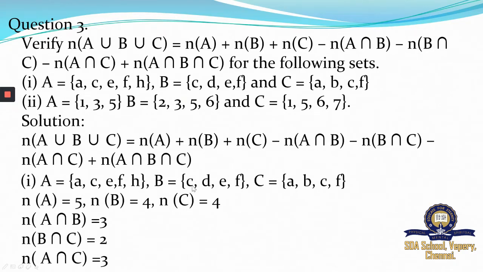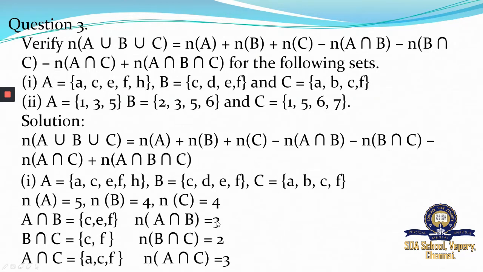Next, we have to find A intersection B. If you see A intersection B, there are 3 elements which are common. Next, B intersection C. C and F are common between B and C, so the number of elements which are common is 2. Likewise, in A intersection C, we have 3 elements, that is A, C and F, which are common.